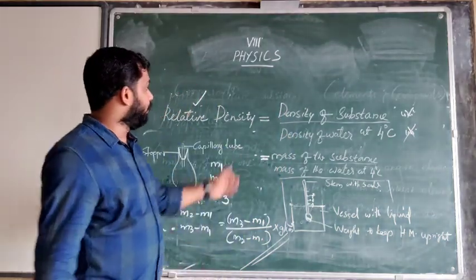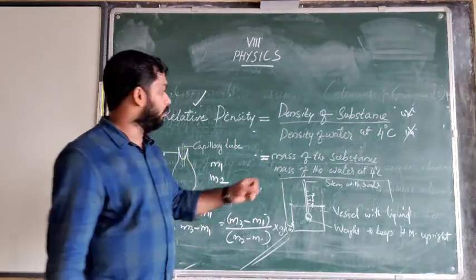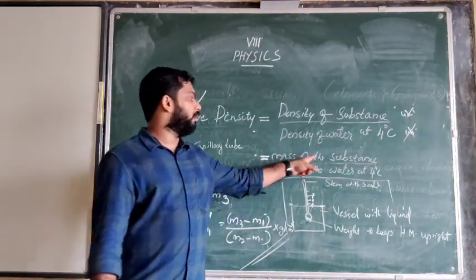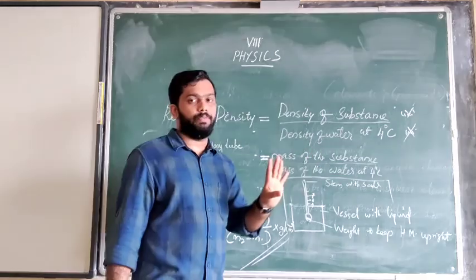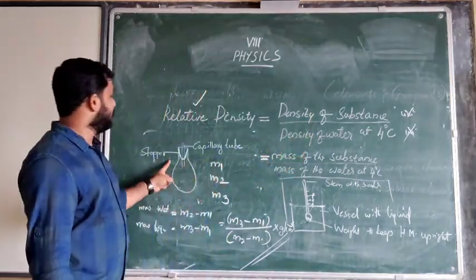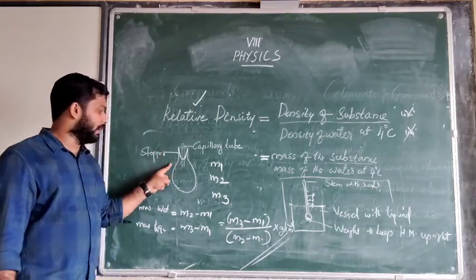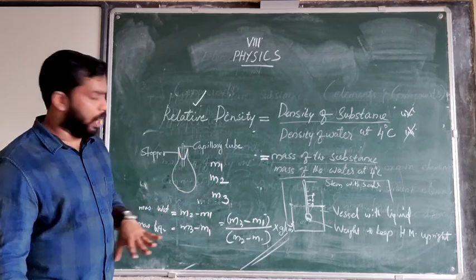If we take the same volume of water, we need only the mass of the substance divided by the mass of the water at 4 degrees Celsius. Depending on this principle, we have a relative density bottle or specific gravity bottle to find out the relative density of a given liquid and water.